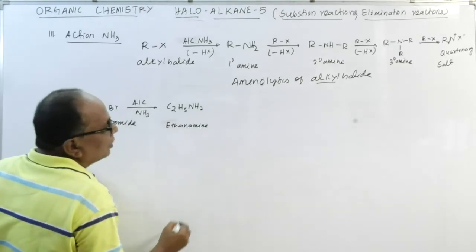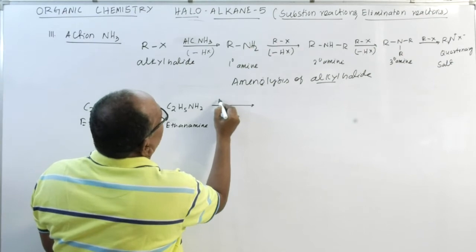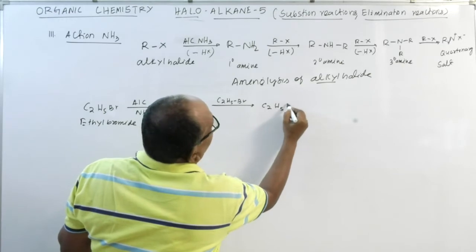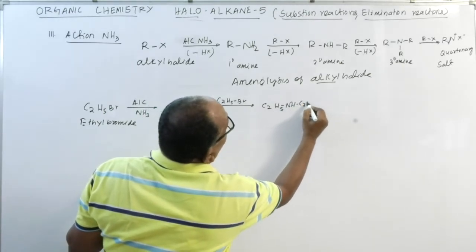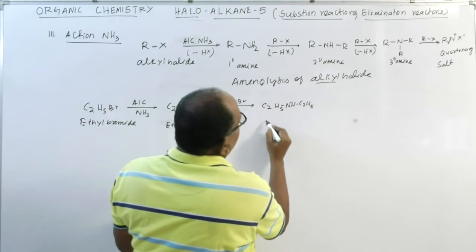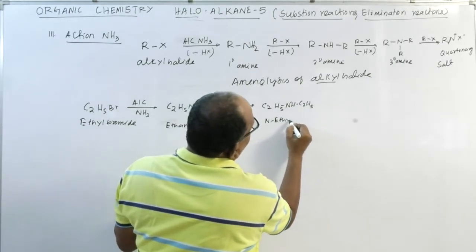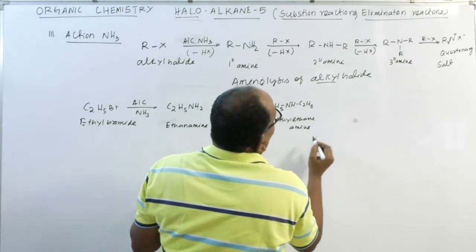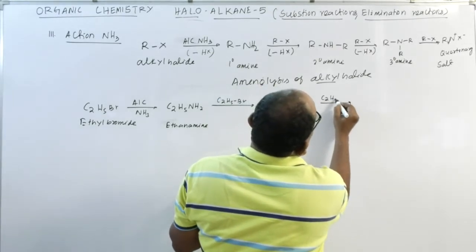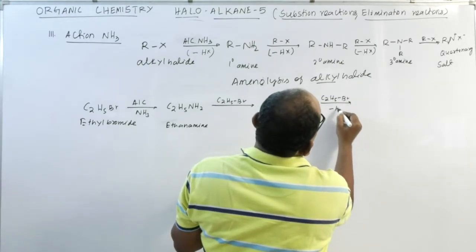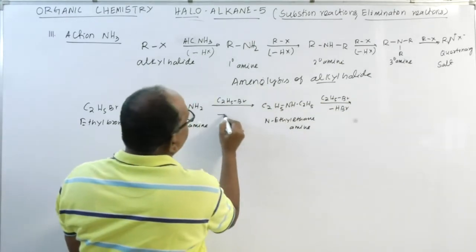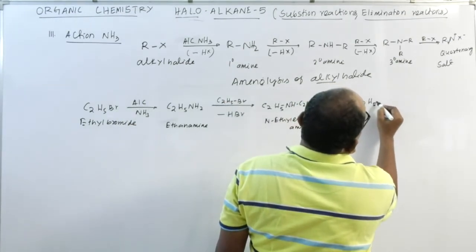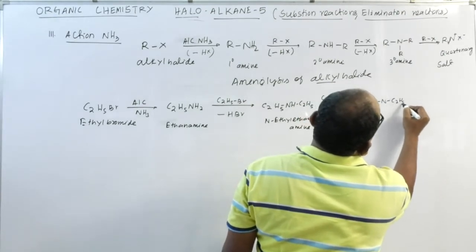or ethylamine, which further reacts with another molecule of ethyl bromide. It gives C2H5NHC2H5. You can say this is N-ethylethanamine, that is its IUPAC name, which further reacts with another molecule of ethyl bromide. So it gives (C2H5)3N.